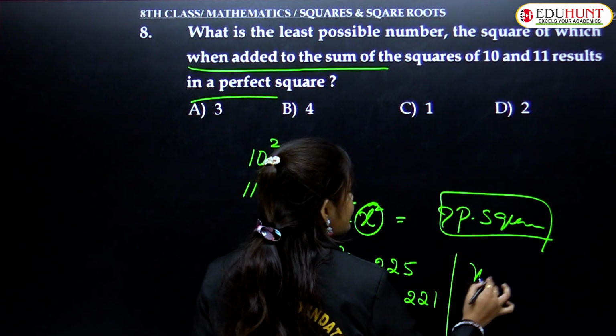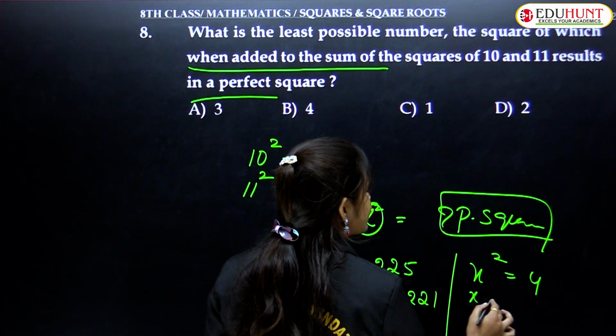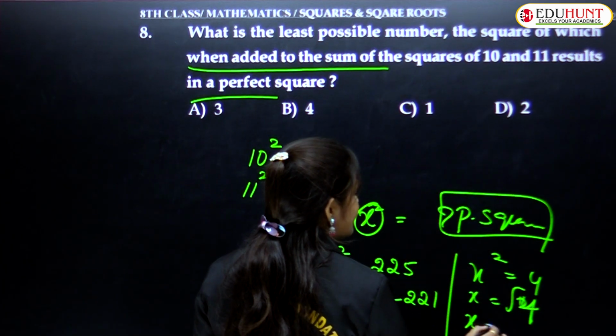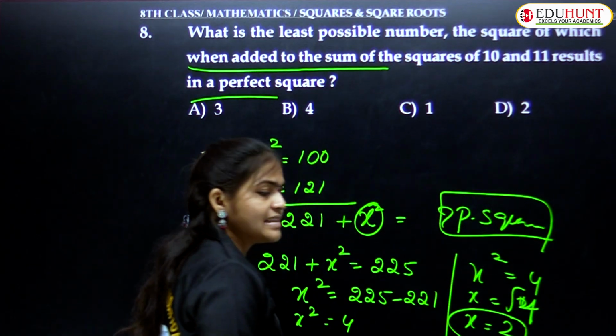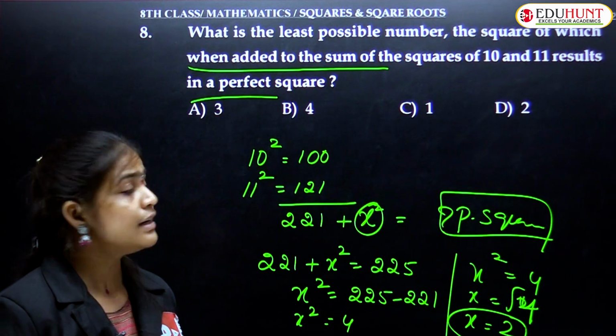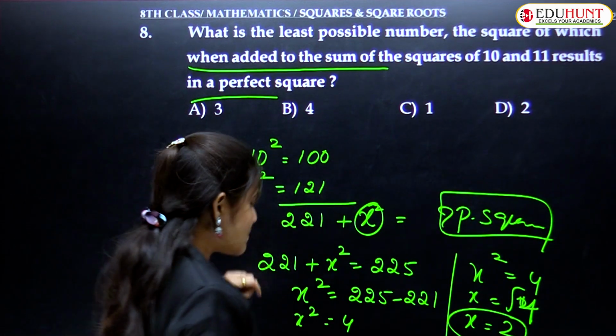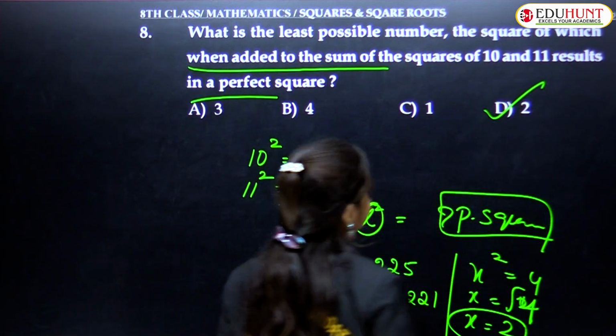So x square is equal to 4, x is equal to square root of 4, x is equal to 2. So here 4 also there in options, and in the same way 2 also there. So that's why here option D is true.